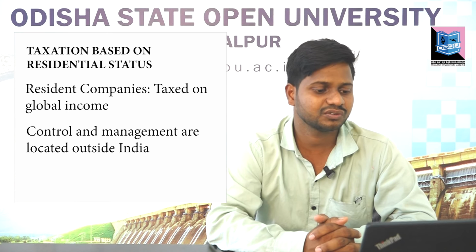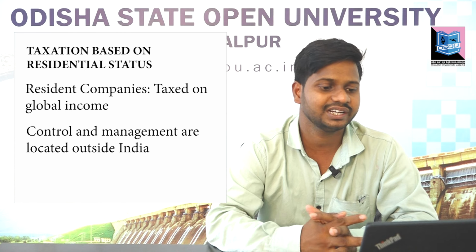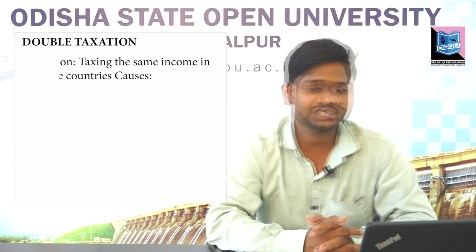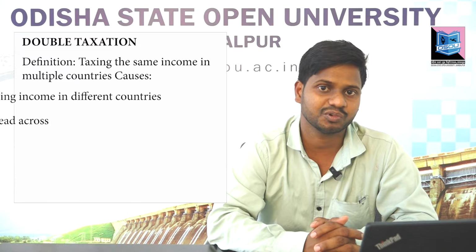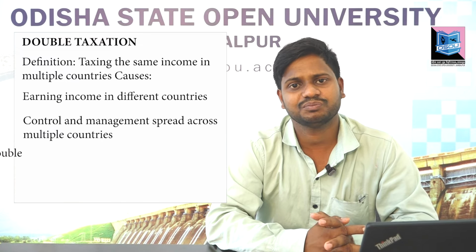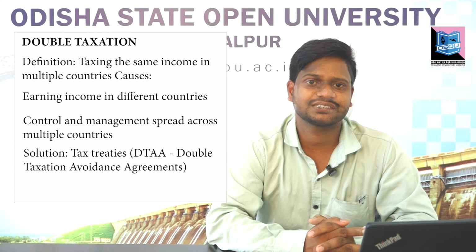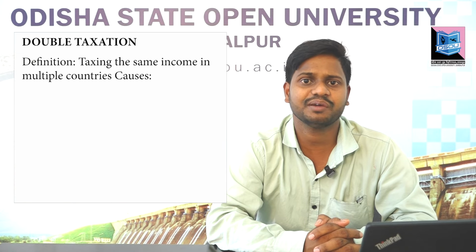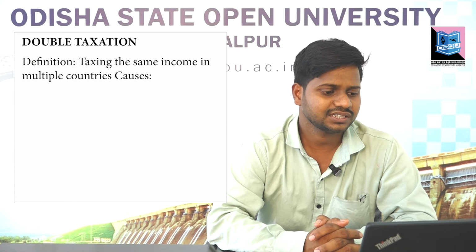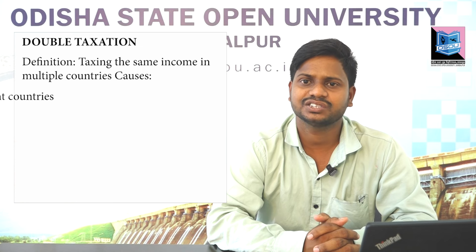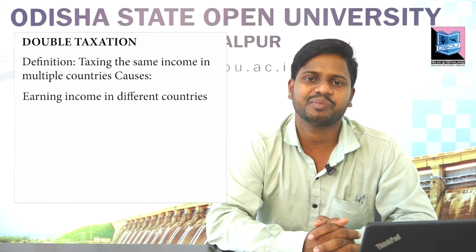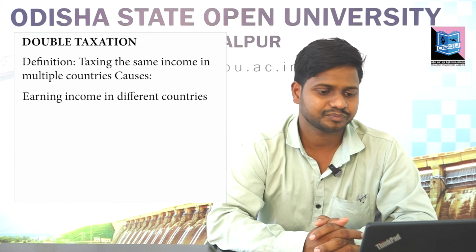This brings us to the concept of double taxation. Double taxation means taxing two times or many times on the same income. This double taxation arises when a company has a subsidiary company in another country.